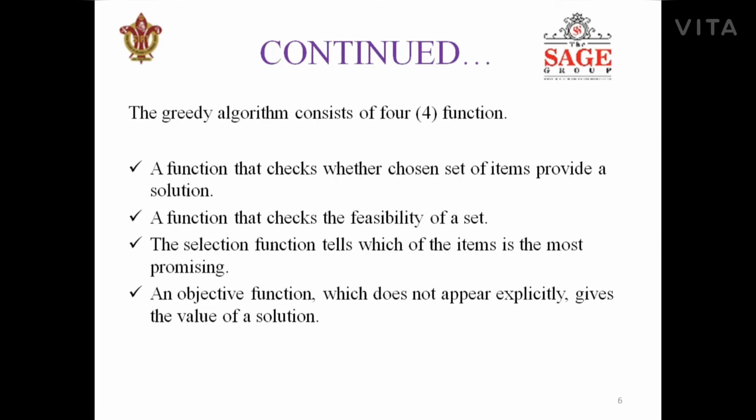To build a solution with a greedy algorithm, we have to follow these four steps. These four functions must be there in the algorithm. A function that checks whether the chosen set of items provides a solution. A function that checks the feasibility of a set. The selection function tells which of the items is the most promising, and the objective function, which does not appear explicitly, gives the value of a solution.